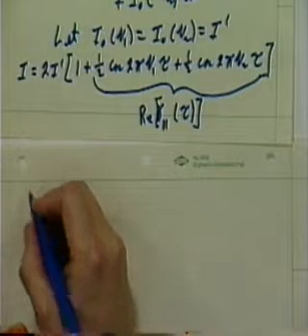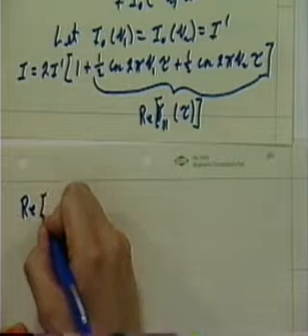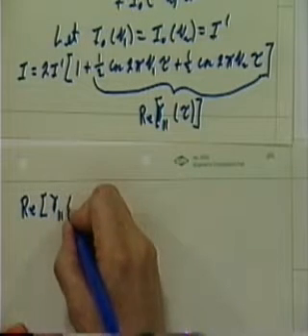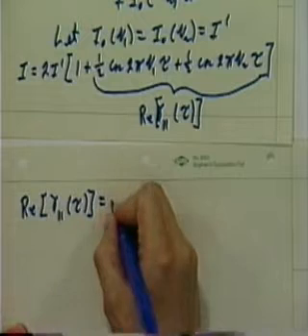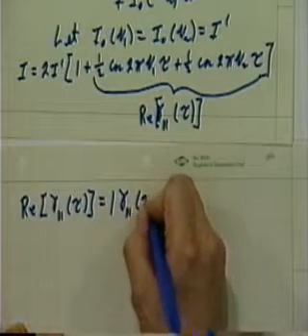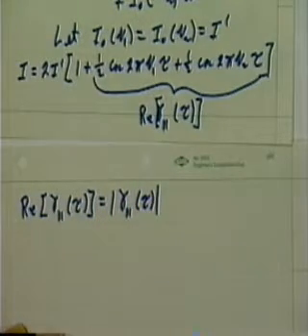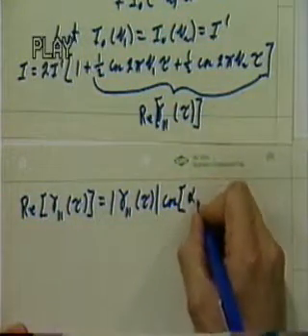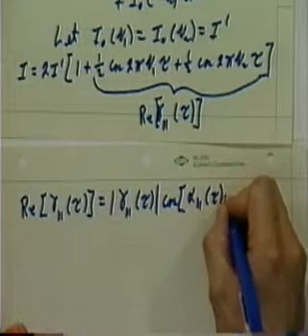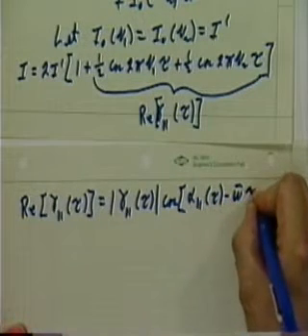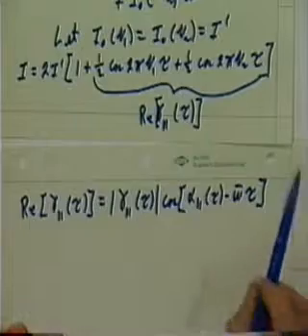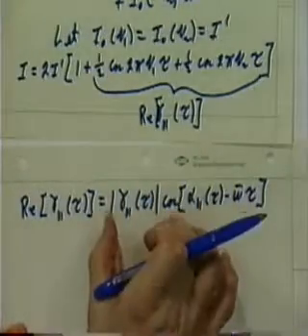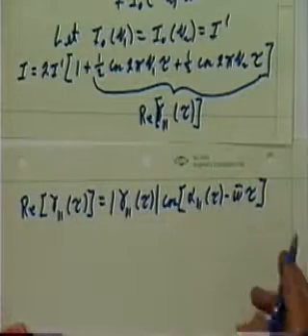We know that the real part of gamma 1/1 of tau is equal to the magnitude of gamma 1/1 of tau times the cosine of alpha 1/1 of tau minus omega bar times tau. So I just have to play with this some way to determine what the magnitude is and what the phase is.